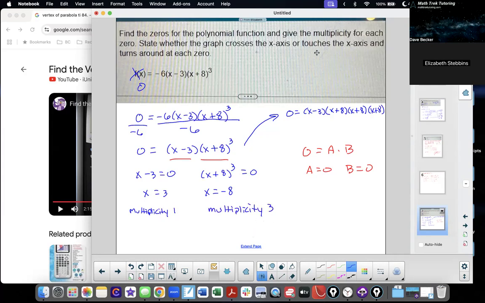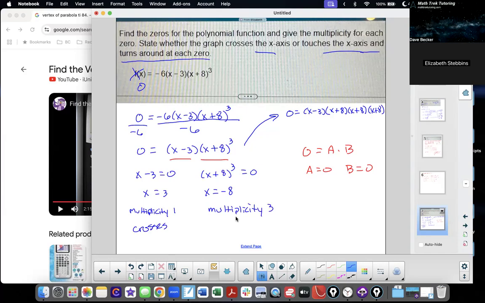Okay. And then it says, does it cross the x-axis or touch the x-axis and turn around? This is one big thing: touches and turns at each 0. So if it's multiplicity 1, it crosses.